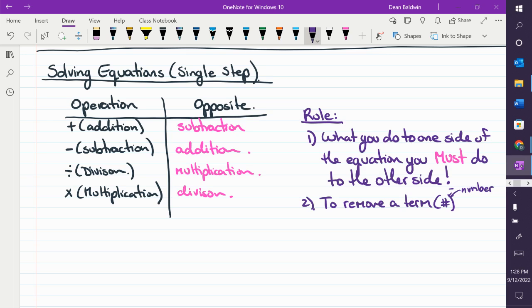That means number. You'll see that a lot in this course. To remove a term number, do the opposite operation.